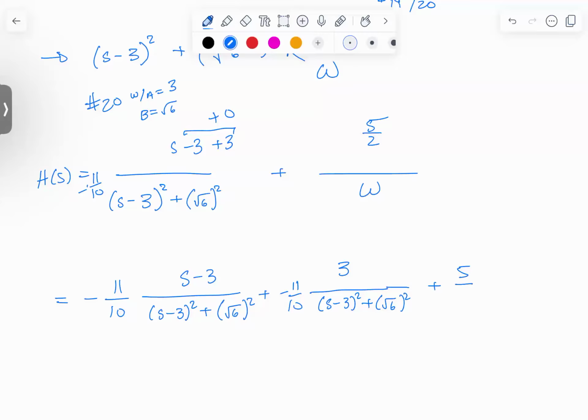And then while we're at it, let's put the fraction all the way in front of this guy. That's basically what we have right now. And technically, I can put this one over here too.